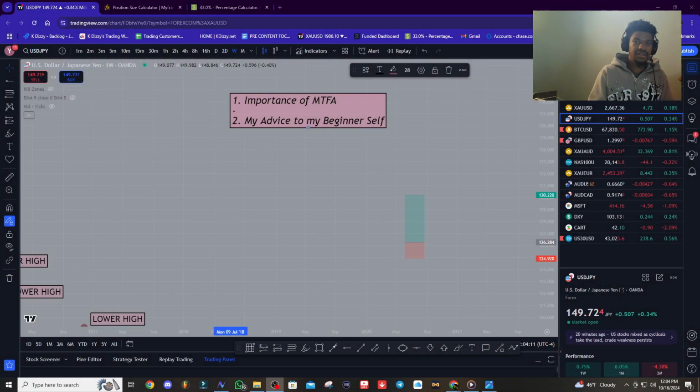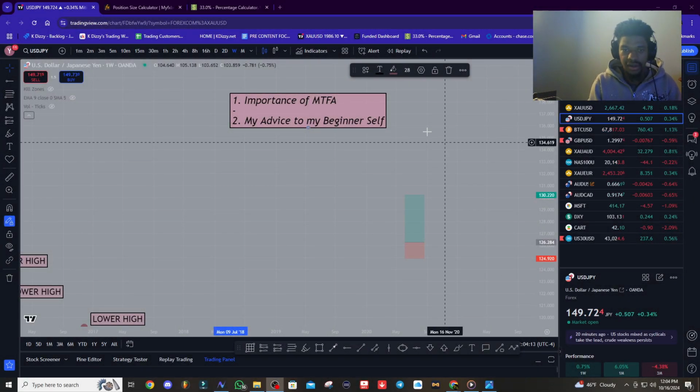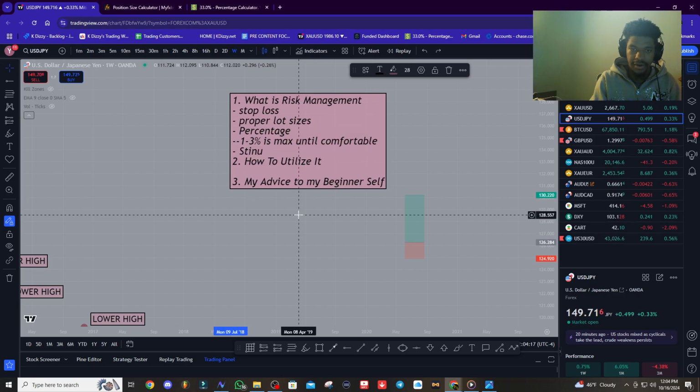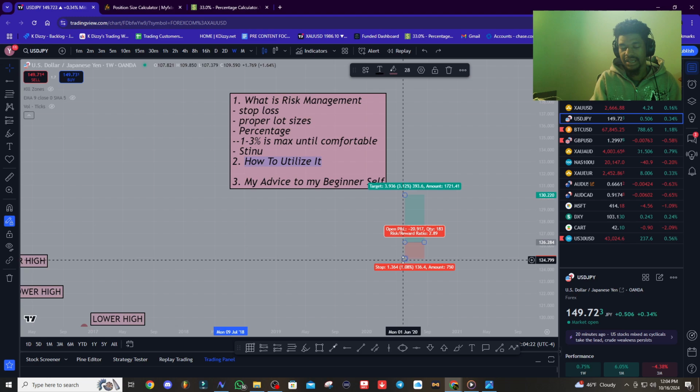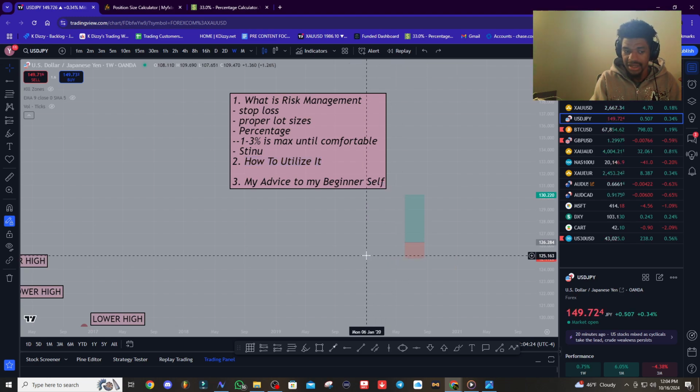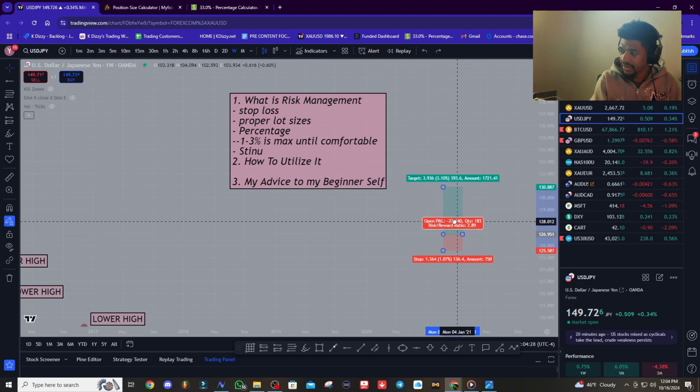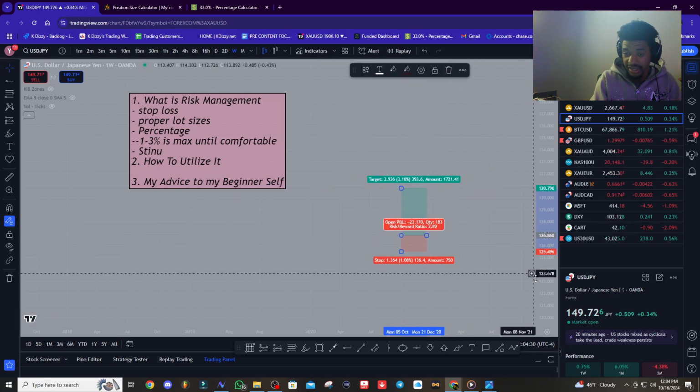All right, guys, another thing that I forgot in terms of risk management and how to utilize it. One thing that helped a lot in my journey was this tool right here, and understanding it.